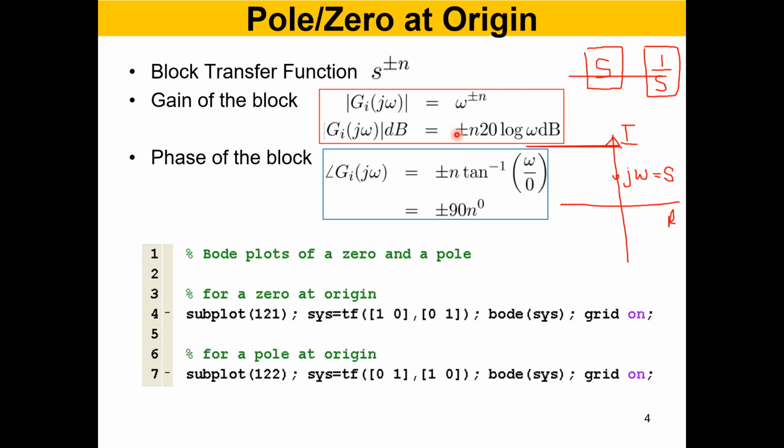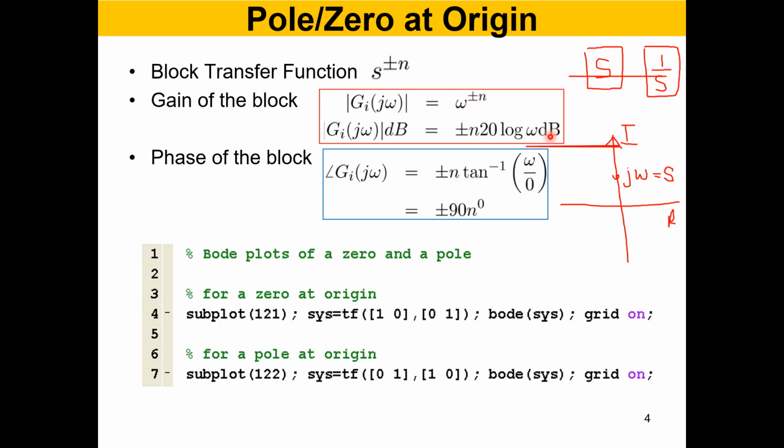You will find that out, okay? So for the moment, it is basically 20 times log of the magnitude. When you express the magnitude, the gain, in terms of dB, dB is the unit here.